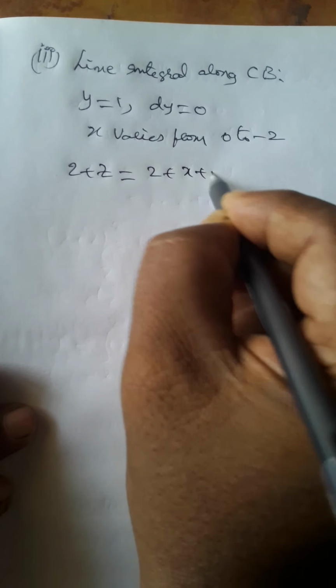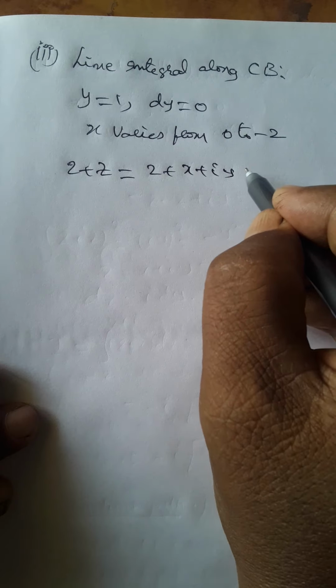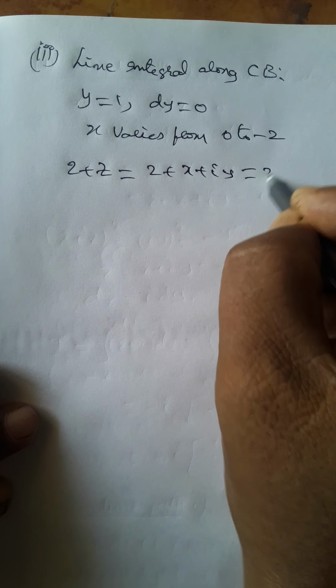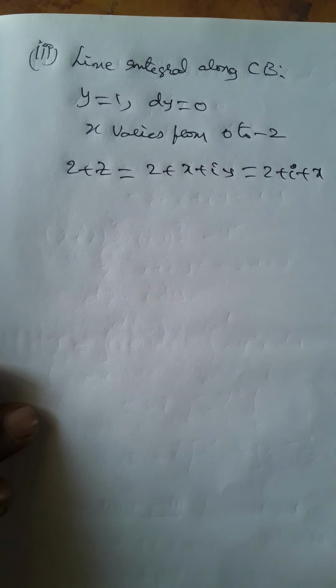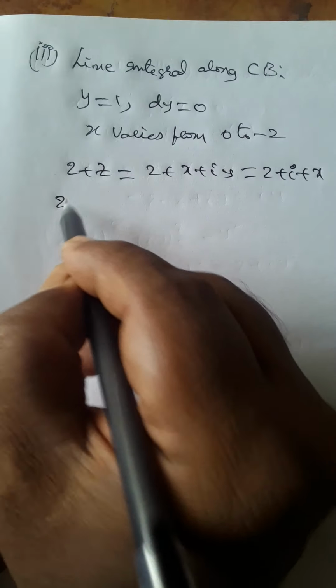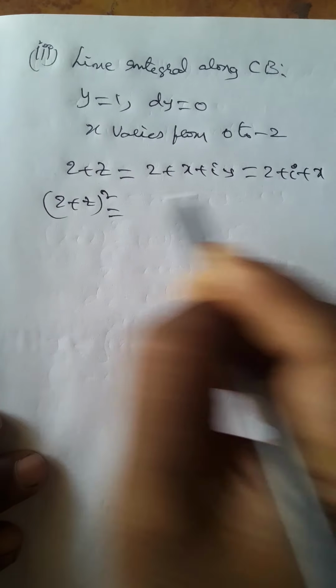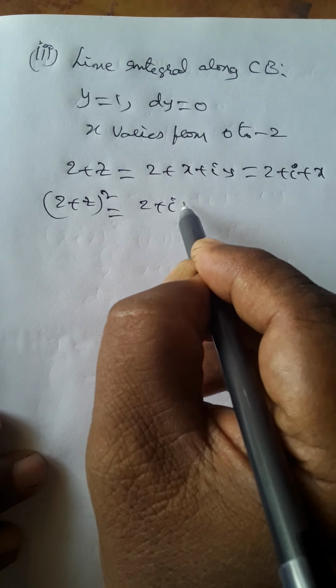2 plus z is equal to 2 plus x plus iy. Y is 1 here, so 2 plus i plus x. 2 plus z whole square is equal to 2 plus i plus x whole square.